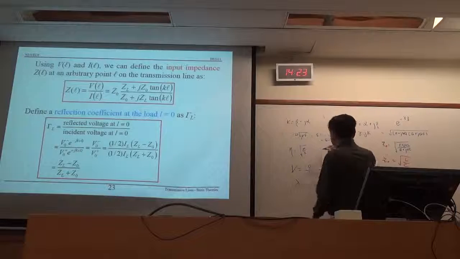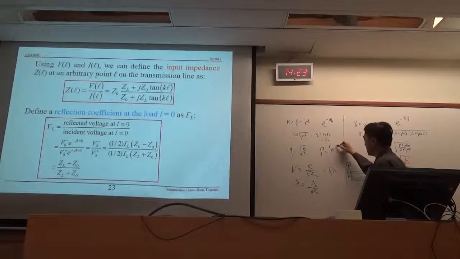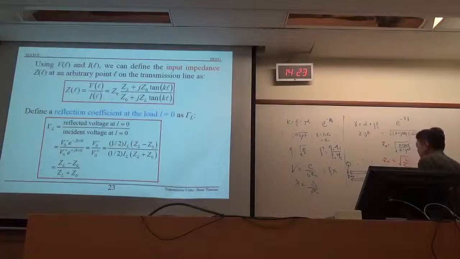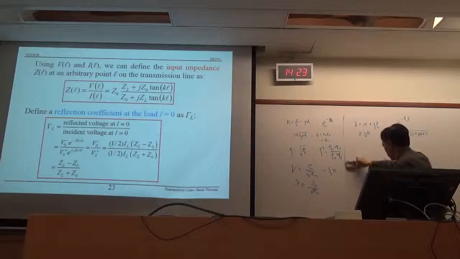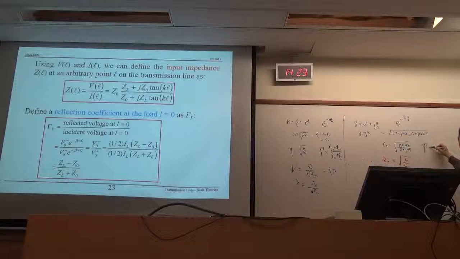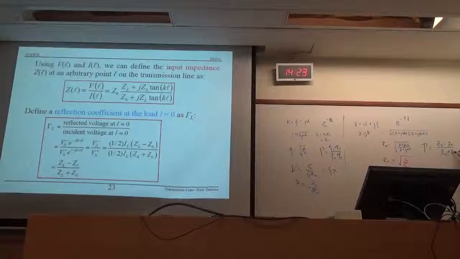So you see that now this gamma is equal to zeta 2 minus zeta 1 over zeta 2 plus zeta 1. And now this gamma is equal to ZL minus Z0 over ZL plus Z0.